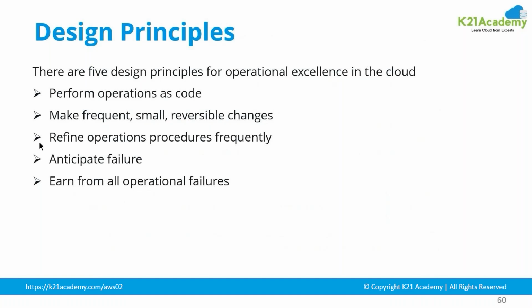So rather than using manual deployment, try to go for code based operations. In application also, do not make large changes in one go. Go to make frequent small and reversible changes. This is actually an agile thing. Refine your processes at regular intervals.